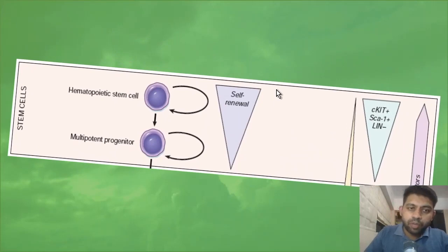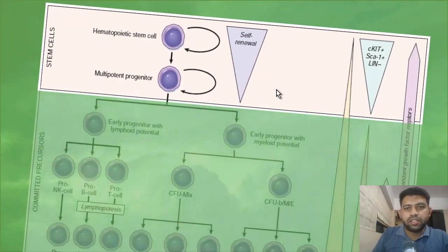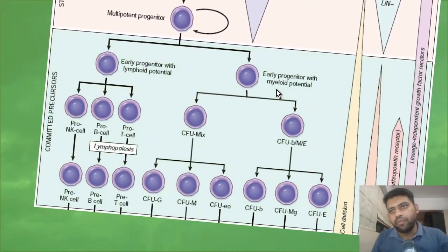Now the hematopoietic stem cell will become multipotent progenitor. From it will go into a committed line. Can be lymphopoiesis or myelopoiesis.